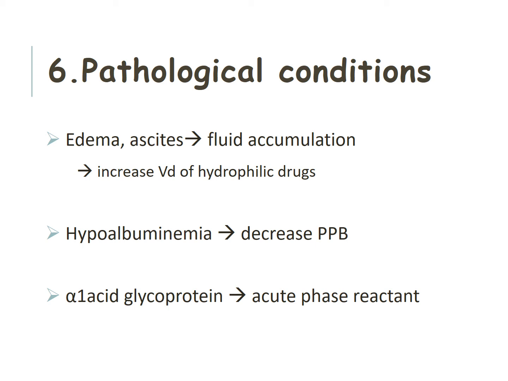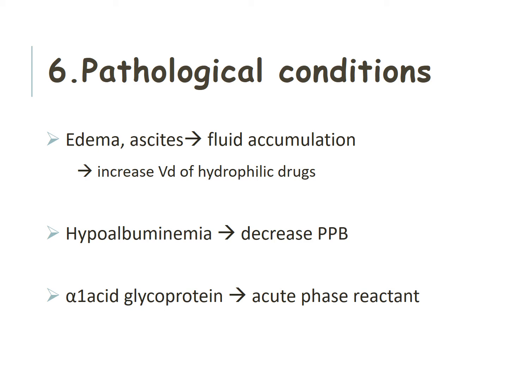In hypoalbuminemia, I have already told that albumin is an important plasma protein to which the acidic drugs are attached. When there is hypoalbuminemia due to some diseases, like kidney disease or pregnancy, the albumin level in the body will be reduced. At that time the drugs ready to attach to the protein will decrease, so the protein binding will be decreased.